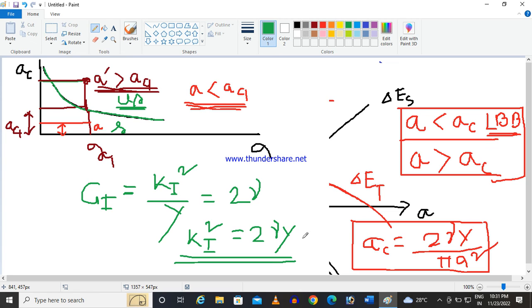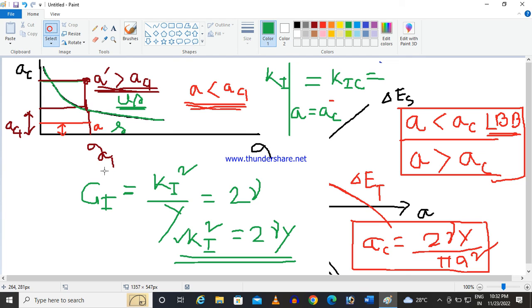Okay, and when this constant is related to critical crack size, at critical crack size the stress intensity factor, so that means K1 at crack length equal to critical crack length, I am defining another constant which is KIC, that is called the critical fracture toughness.